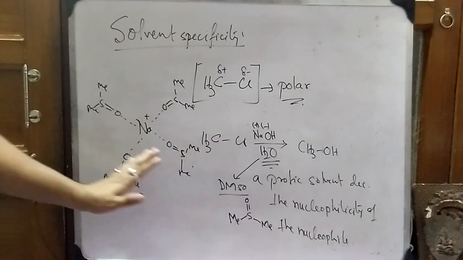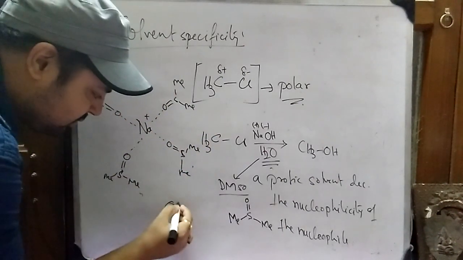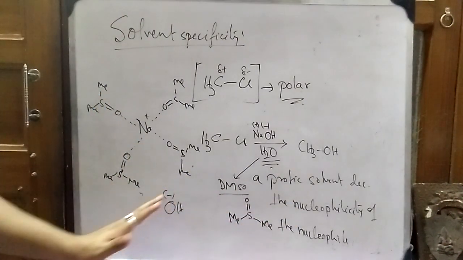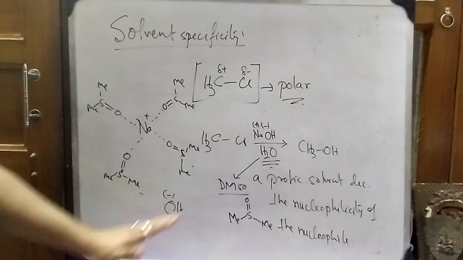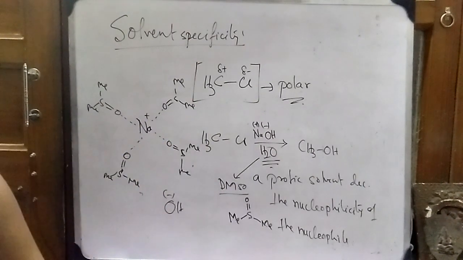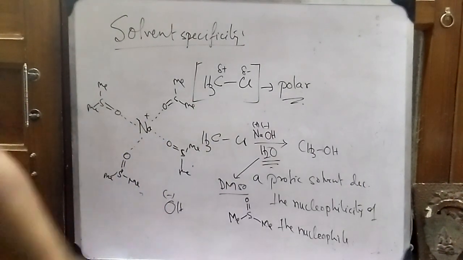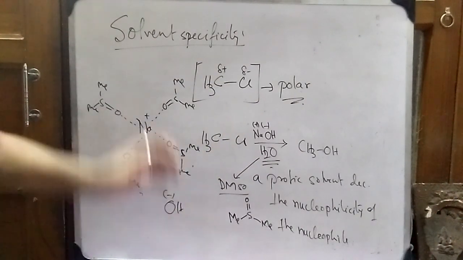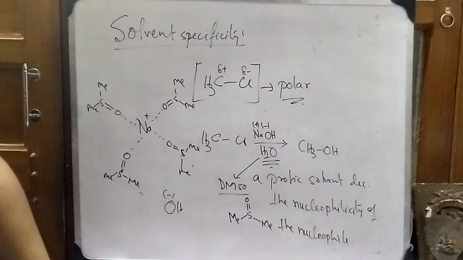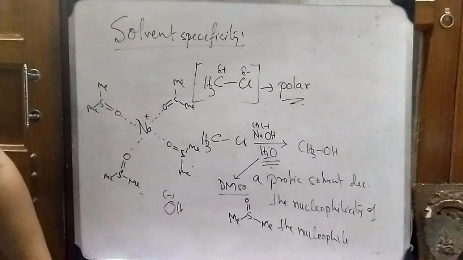So the main thing is that OH will be free, so its nucleophilicity will not be reduced, and we have seen that the nucleophilicity should be high for the SN2 process, as the positive charge is not that stable, it does not stay for as much time as it was staying for SN1 reaction.